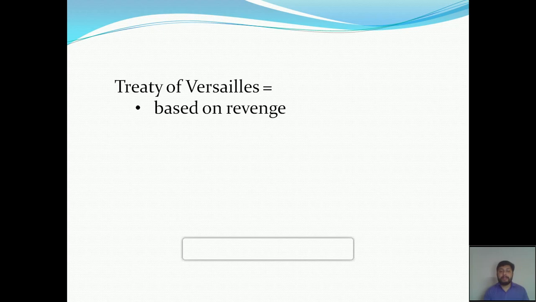Again, when we discuss the Treaty of Versailles, it was fully based on revenge. Revenge means the revenge of the victorious countries like America, Russia and Britain, and under their leadership a number of countries were there. So they showed their revenge through the Treaty of Versailles. Especially Germany was forced to sign it, and they blamed Germany for the emergence of the First World War.